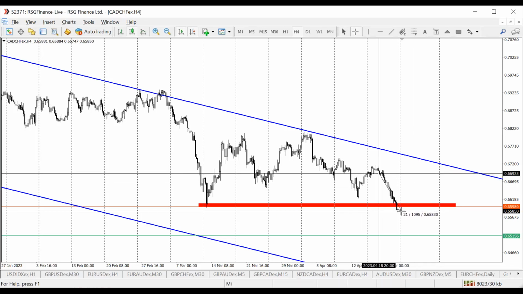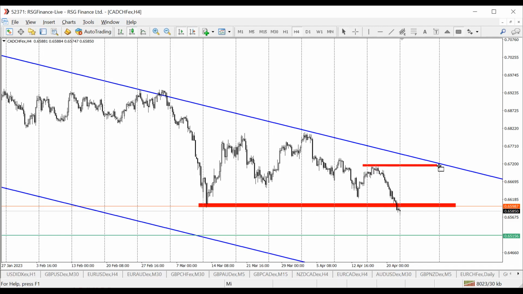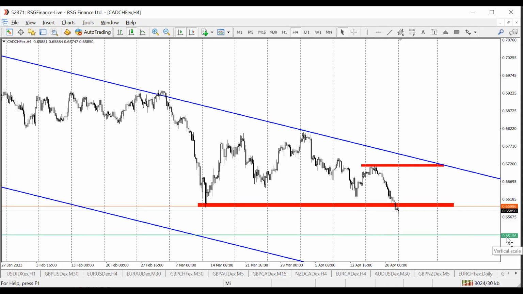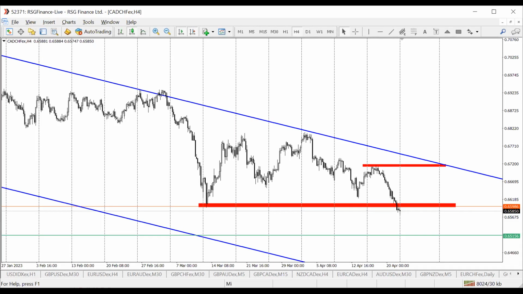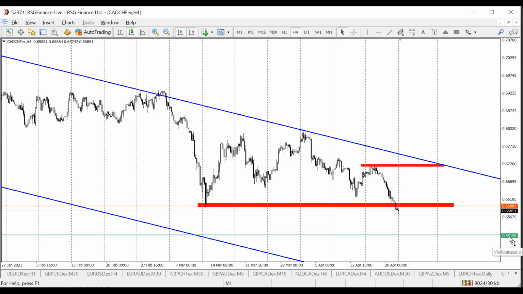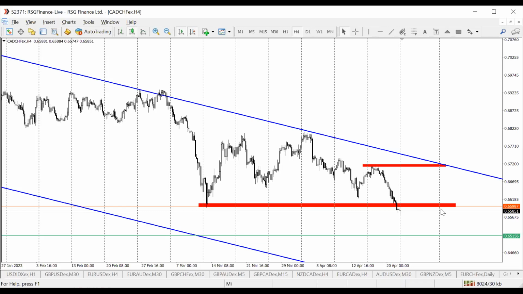We had over 100 pips sell-off, so we could see some correction up, but I don't believe price will make it higher than this point. We should see good market structure to the downside towards the 0.6515 structure. In this sense, I'm talking about lower highs, lower lows down to this level. So that's it.